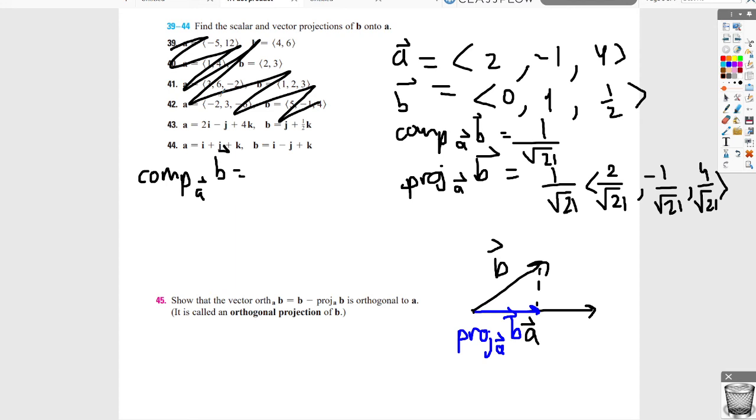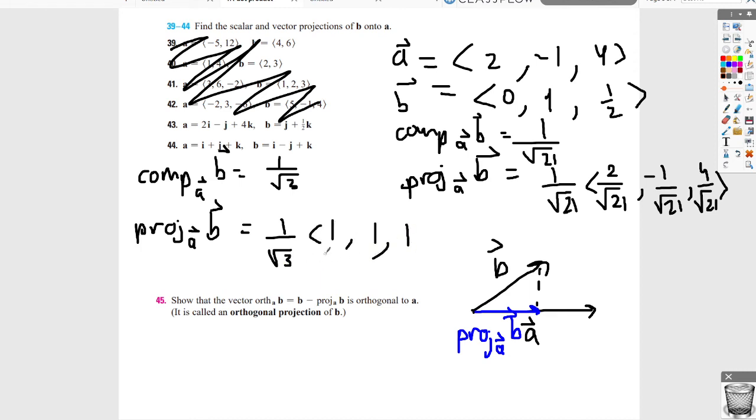That will get you 1, and then over root 3. So 1 over root 3. And then the projection of B onto A is 1 over root 3 times 1, 1, 1, and they're all over root 3.